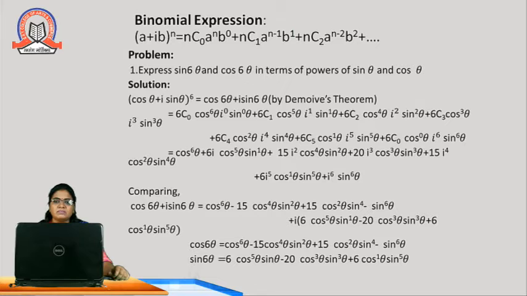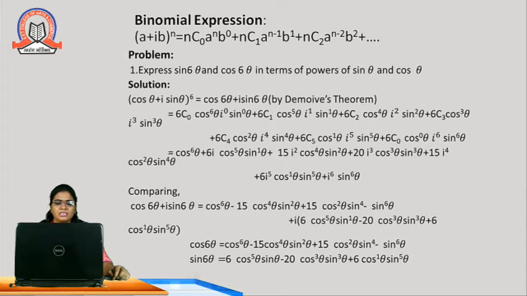So using this binomial expression we are going to find the value of sin 6θ and cos 6θ in terms of sin θ and cos θ. Using De Moivre's theorem, (cos θ + i sin θ)^6 = cos 6θ + i sin 6θ.